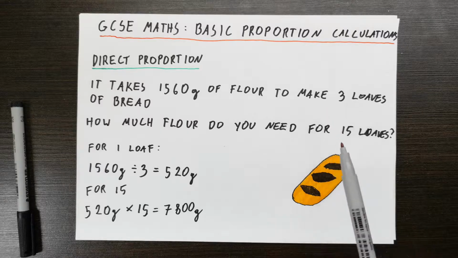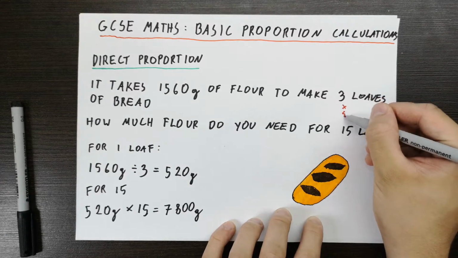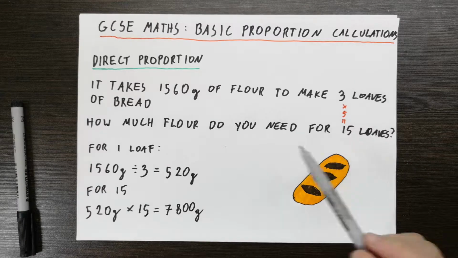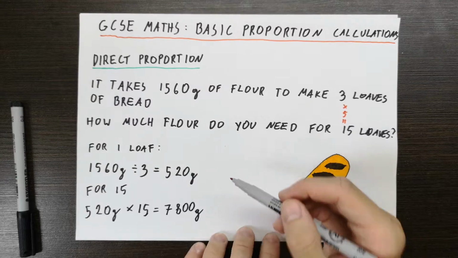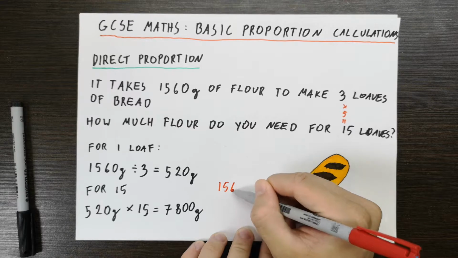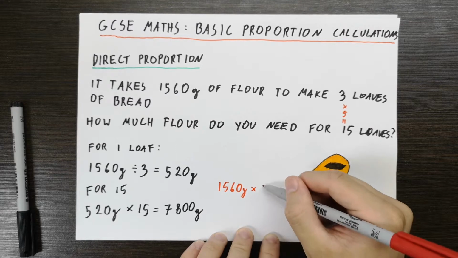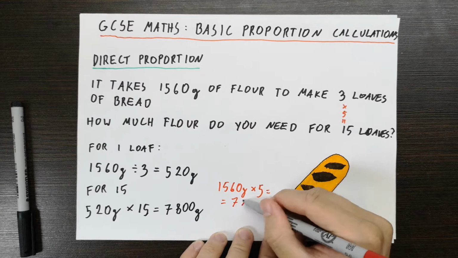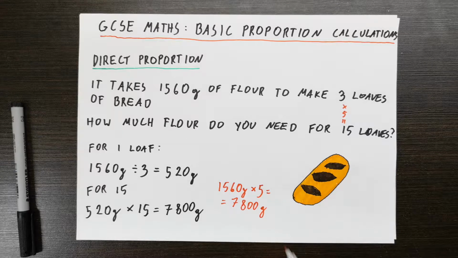So, in other words, 3 times 5 is equal to 15, right? 5 times that will give us the 15 loaves. So we simply multiply this by 5. 1,560 grams multiplied by 5. And that will give us the same answer, 7,800 grams for 15 loaves. So that's a shortcut you can take.